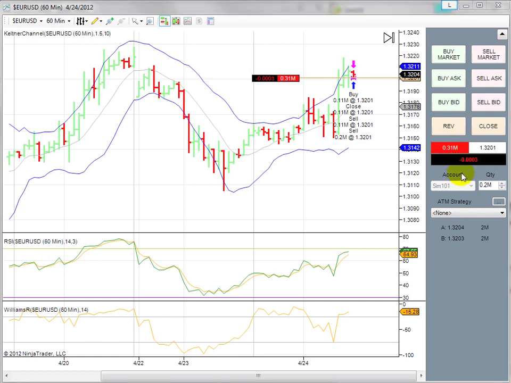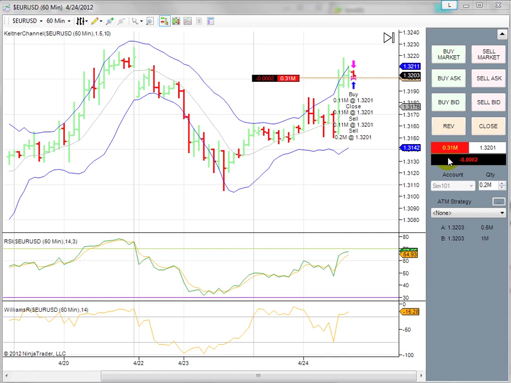You'll notice on the chart platform, it doesn't give us a dollar profit and loss. Instead, it gives us a P&L in pips. Right here, we're losing a total of 3 pips based on our average entry price. We're short 3 standard contracts and 1 mini, or 0.31 million, or 310,000 units.